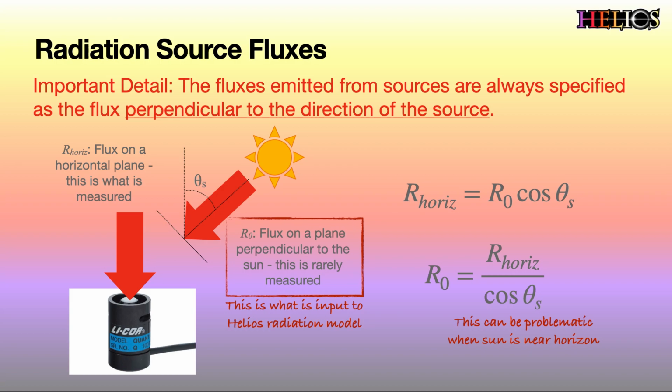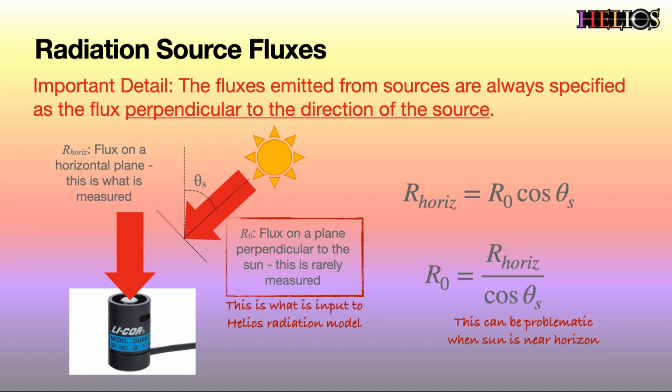These two are related to each other based on the cosine law. So if we denote R0 as the flux perpendicular to the source and theta s as the angle between the source direction and the horizontal plane direction, then we just multiply that R0 by cosine of that zenith angle between the horizontal and the source, and we would get the flux on a horizontal plane.